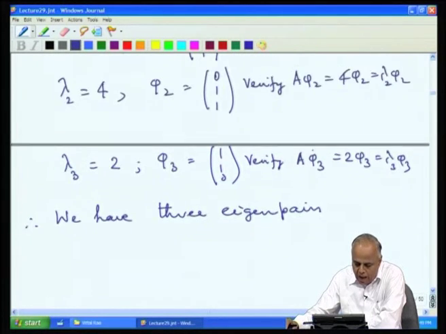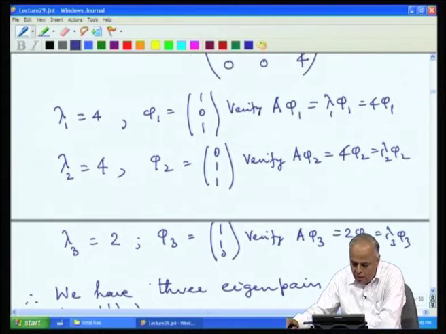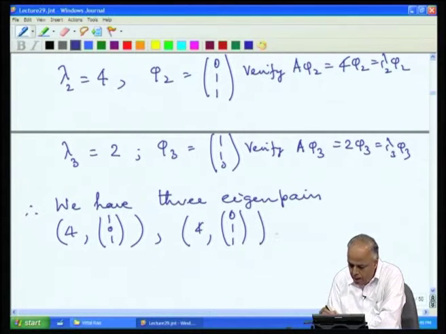The first one is lambda 1, phi 1, which is 4 and (1, 0, 1). The second one is lambda 2, phi 2, which is 4 and (0, 1, 1), and the third one is lambda 3, phi 3, which is 2 and (1, 1, 0).